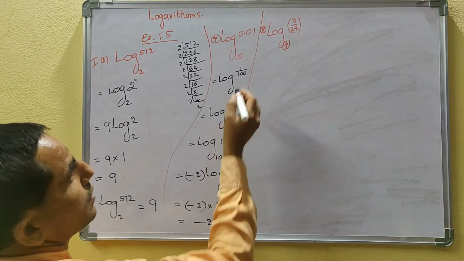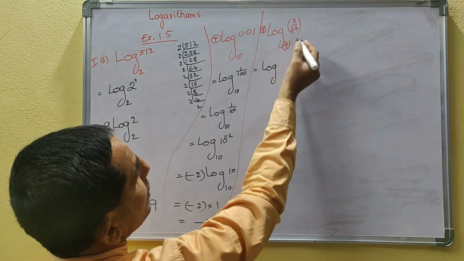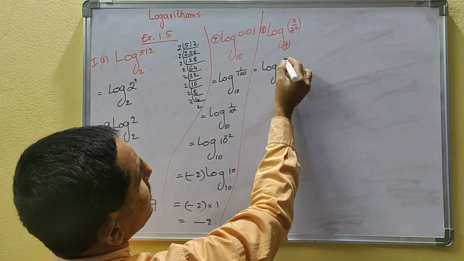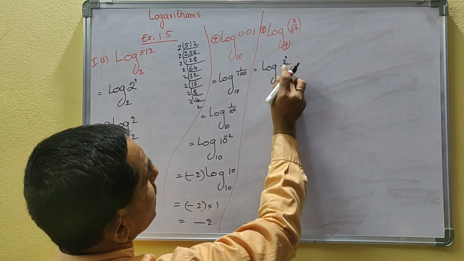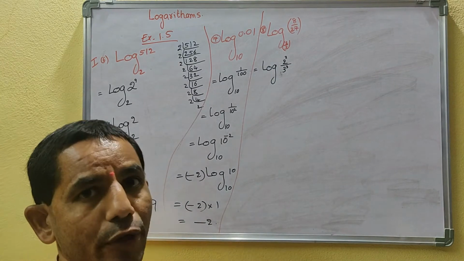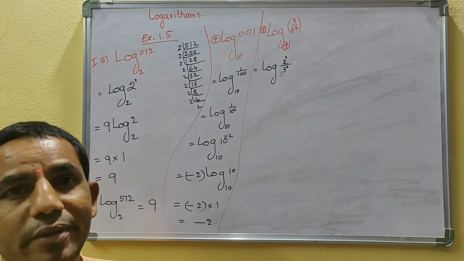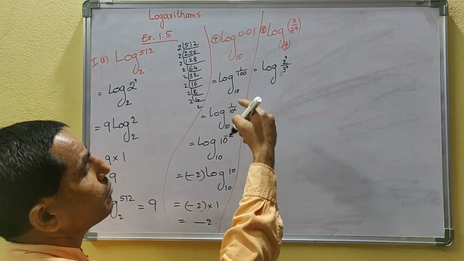So log 8 by 27, first of all, 8 can be written as 2 cube, and 27 can be written as 3 cube. So 8 means 2 into 2 into 2, means 2 cube. 27 can be written as 3 into 3 into 3, so 3 cube. So 2 cube by 3 cube.